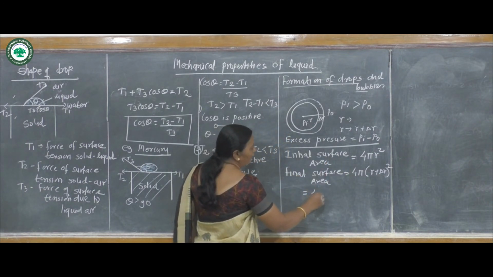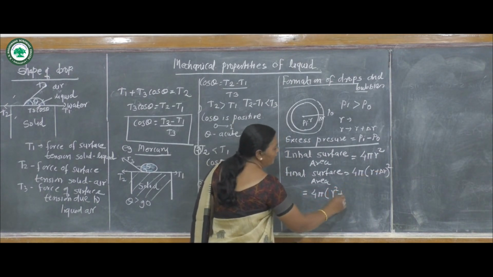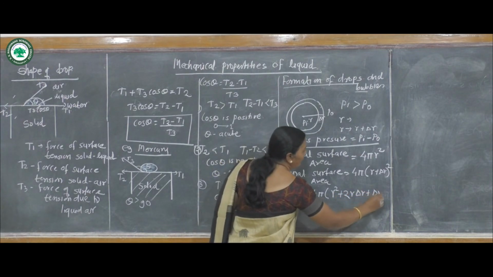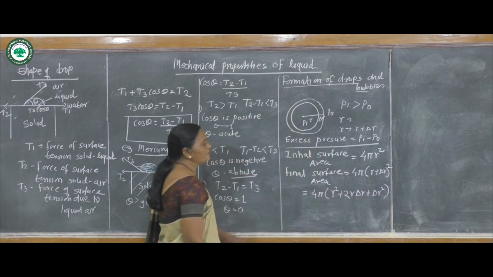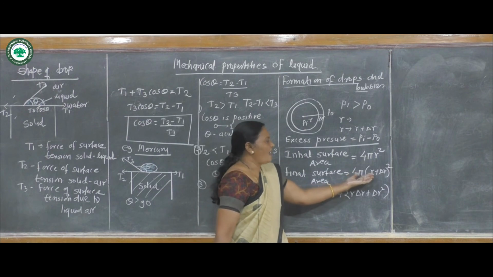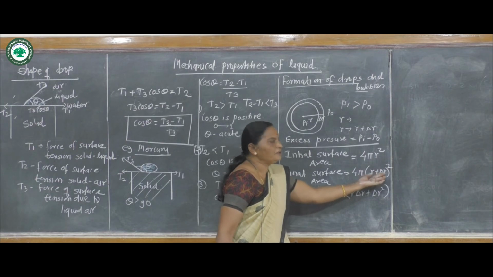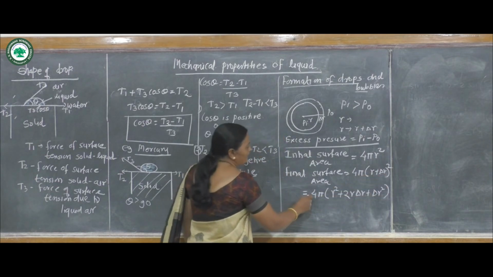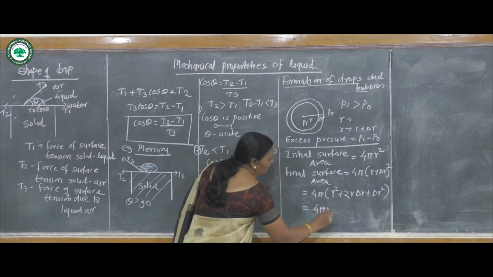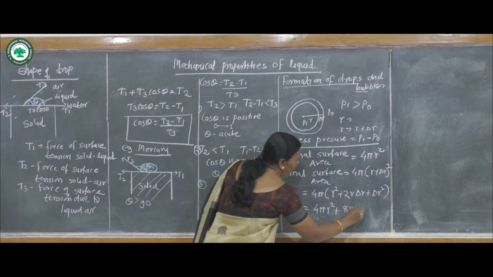Squaring this bracket, a plus b bracket square, we get r square plus delta r square plus 2 into r into delta r. Then multiplying by 4 pi, it becomes 4 pi r square plus 8 pi r delta r plus 4 pi delta r square.